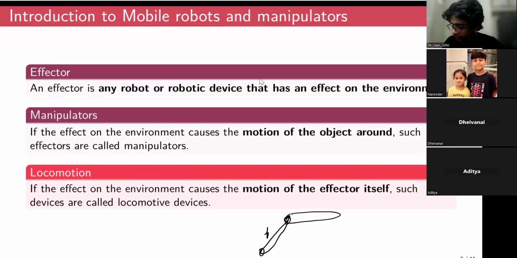If I call this link 1 and this link 2, and at the end of the link, I have a gripper to grasp objects. And I would fix the first link to the base. So the base would not be moving, but each of these links can rotate about its own axis.